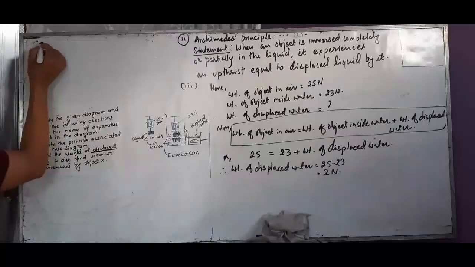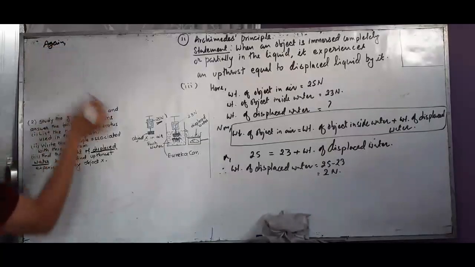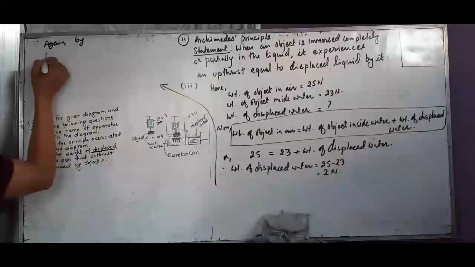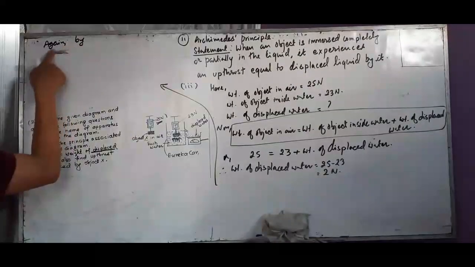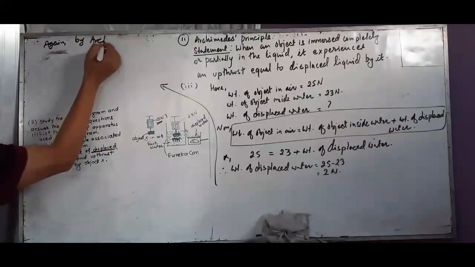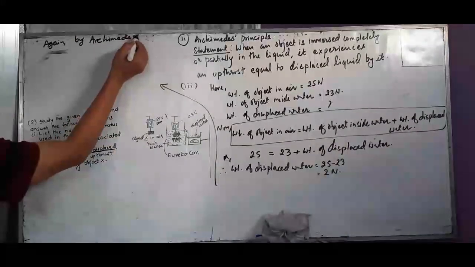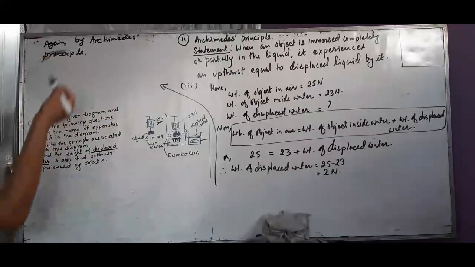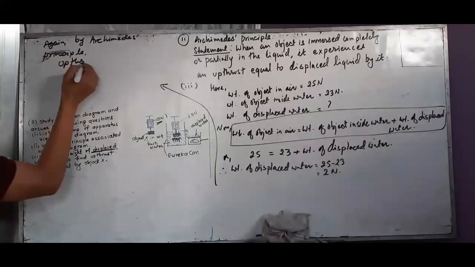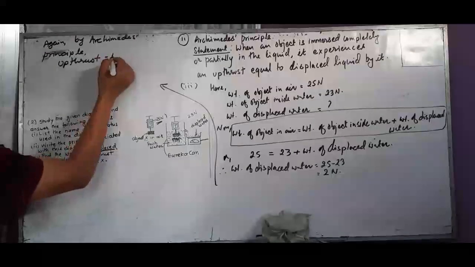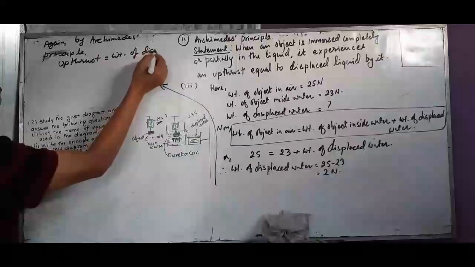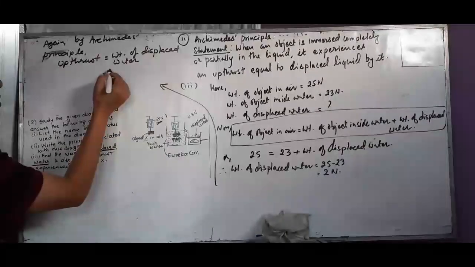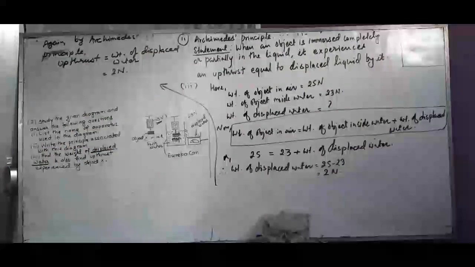Again, by Archimedes principle, upthrust equals weight of displaced water, and this equals 2 newtons.